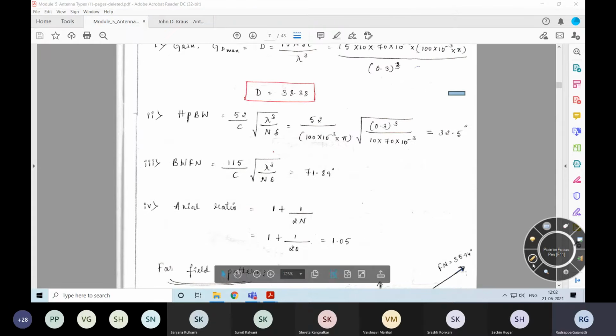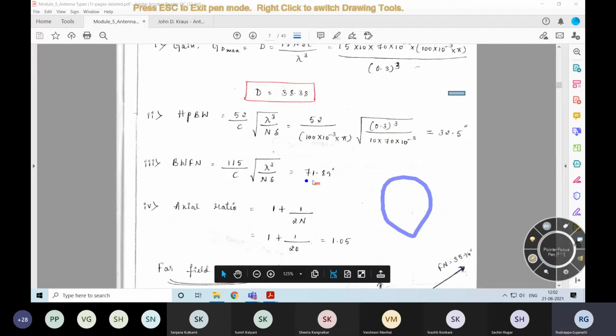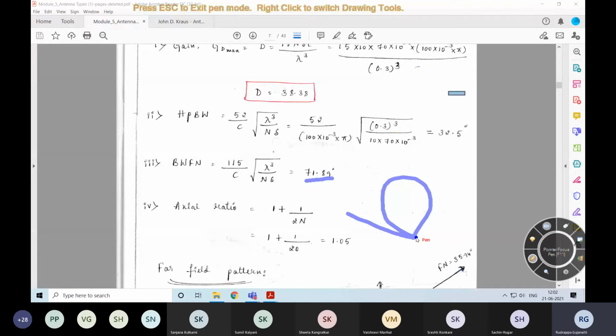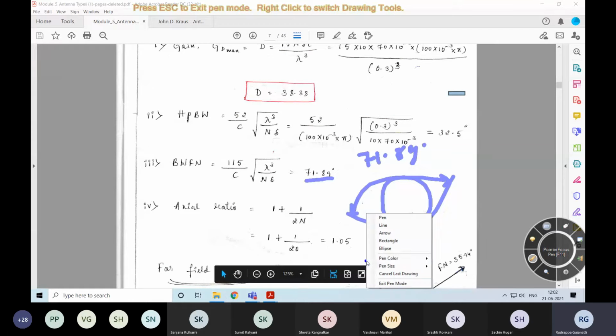In that main lobe, we can observe that beamwidth between first null is 71.89 degrees. So here we have a null over here. When we measure this angle, it will be around 71.89 degrees.